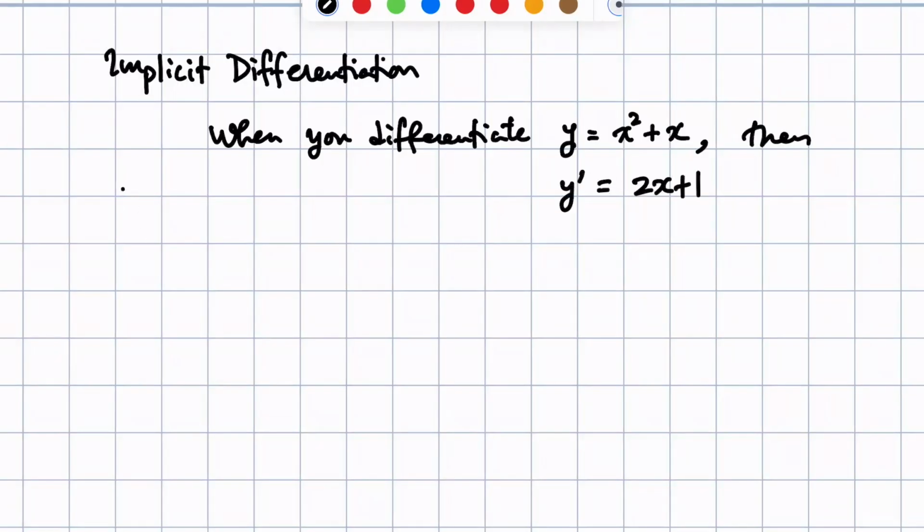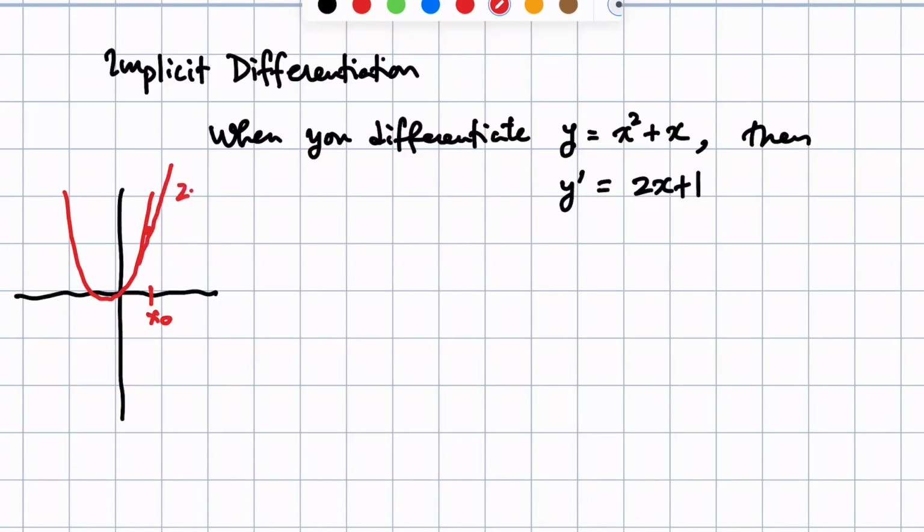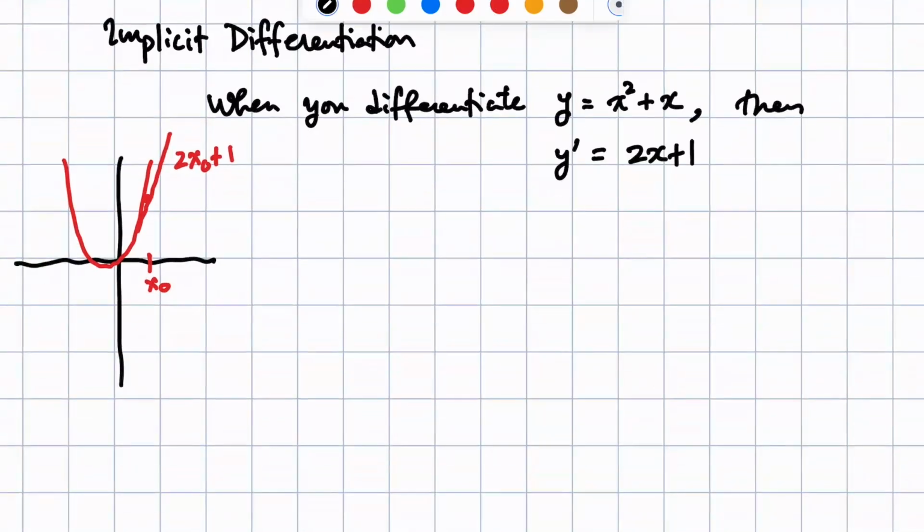This tells you that, whatever the graph of x squared plus x looks like, at a particular point, say x naught, the slope right here is 2x naught plus 1. That's the derivative.